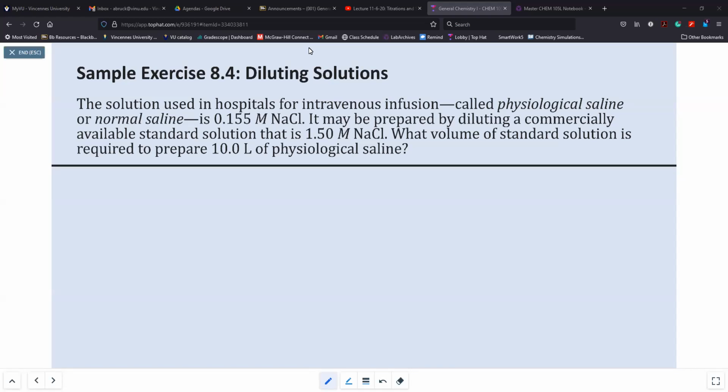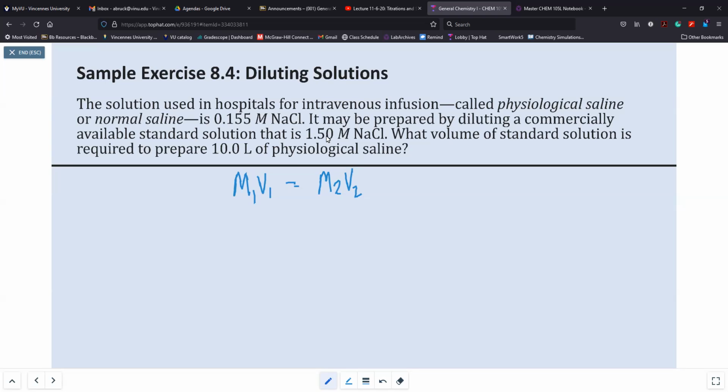If you recall, the dilution equation here is M1V1 is equal to M2V2. It really doesn't matter what we set as conditions 1 or conditions 2. What's important is that we make sure we are correct in our numbering and we remain consistent.